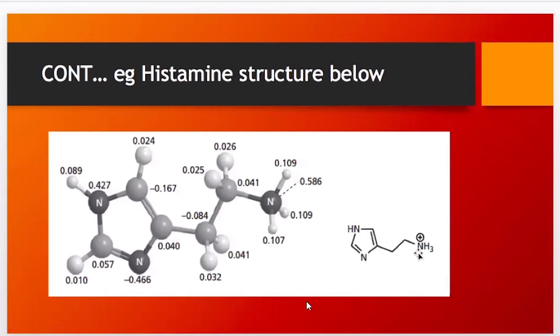Or even when we imagine how our histamine is going to bind to the histamine receptors, we make it seem as if the ionic interaction between our histamine and our histamine receptor is only going to occur at that specific nitrogen atom, which is not the case.